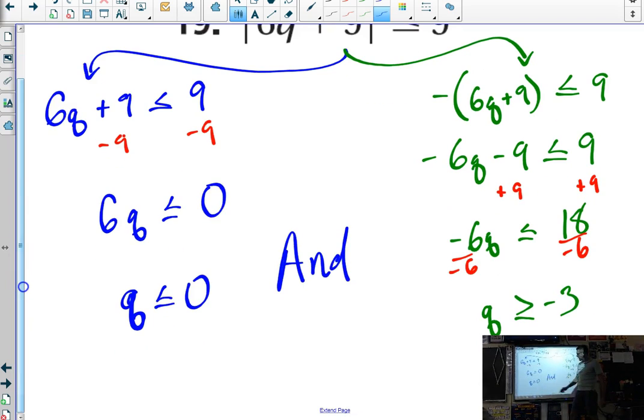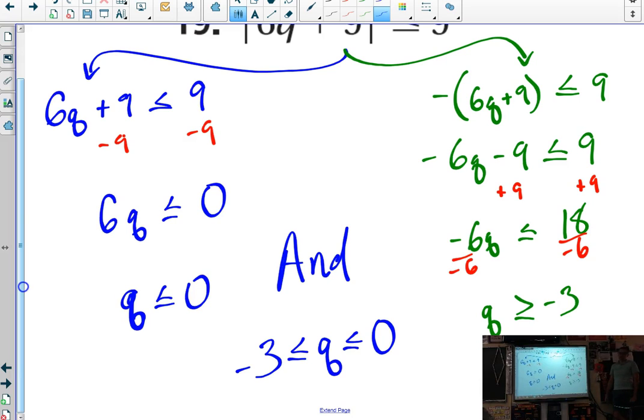So it can be written together. We could say negative 3 is less than or equal to q is less than or equal to 0. Now, I would not take points off if you left the 2 separate answers here, because you don't have to get to that point of realizing that it's one range, but it is one together contained.